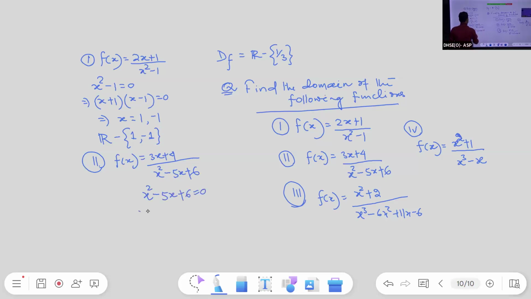This implies x minus 2 into x minus 3 is equal to 0. Implies x is equal to 2 or x is equal to 3. So the domain of the function is R minus 2 comma 3. I hope it is clear. Then come to question number 3.